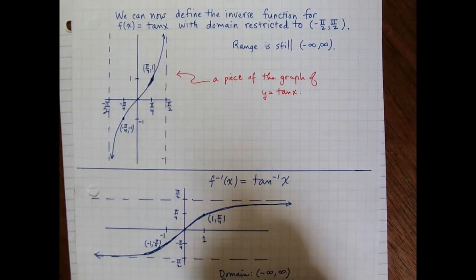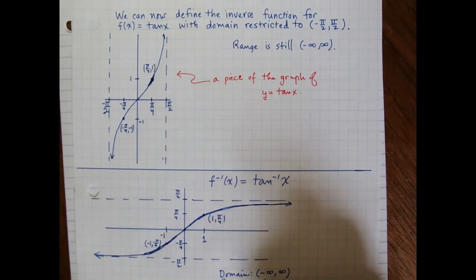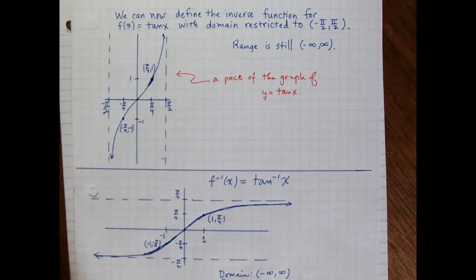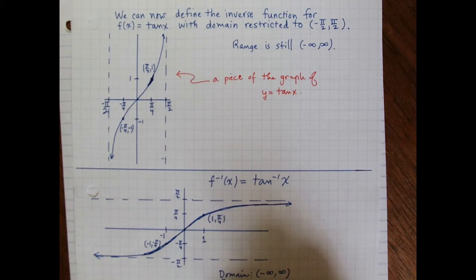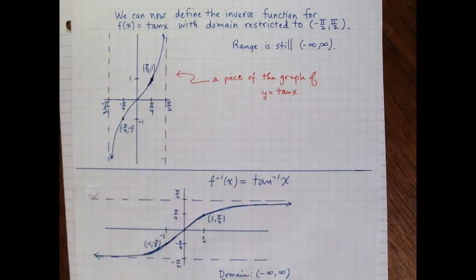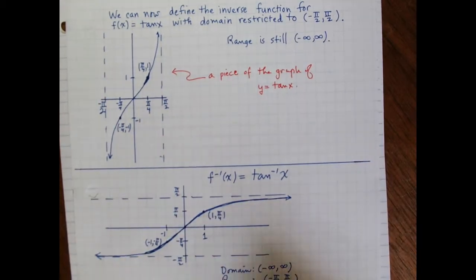Tan inverse x is also written arc tan x, which you'll see in some other books. Tan inverse x does not mean 1 over tan x, just like with inverse sine and cosine.